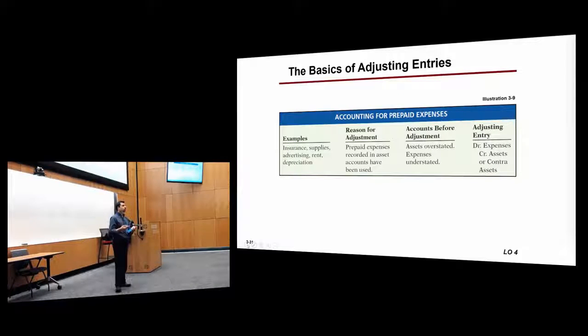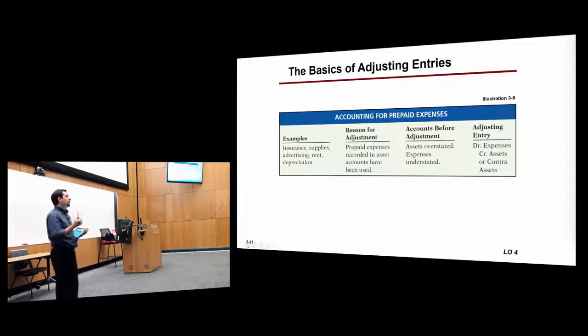So what do we need to do? We need to decrease our prepaid expense, this asset, by this month. Prepaid insurance will decrease by 1 month, and insurance expense will be recognized for 1 month. So what do we do?